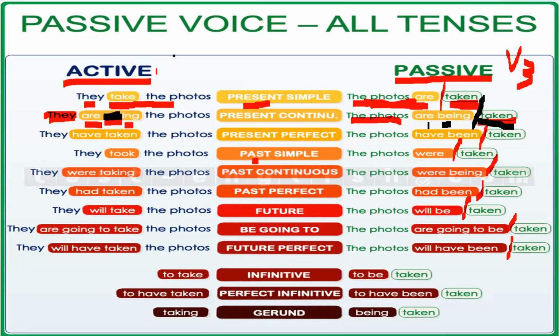Are being, this is the present continuous, or the present form of verb to be for a plural object, the photos, while for a singular it is: the photo is being taken. And be, this is the infinitive form of the verb be, the carrier, and ing to carry or to express this continuous present event.